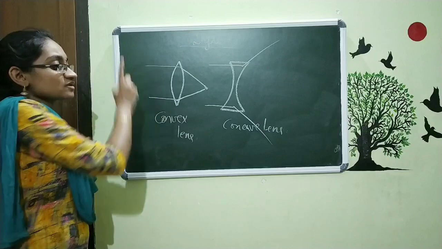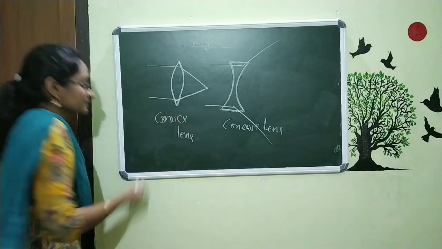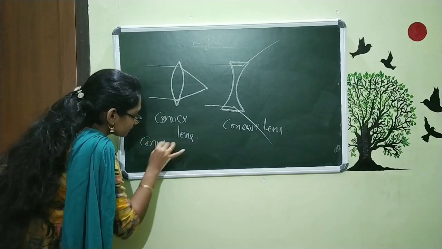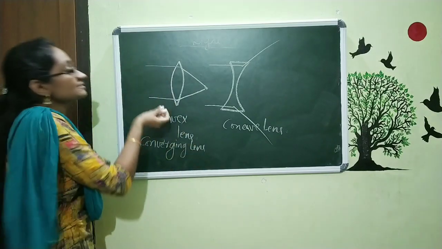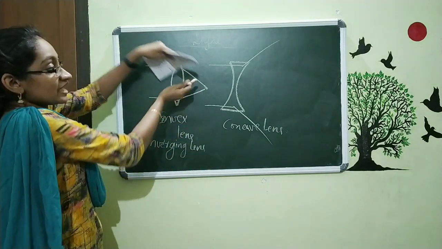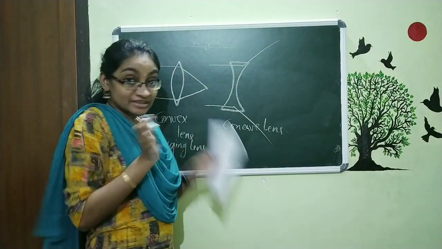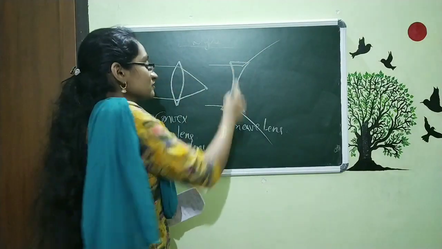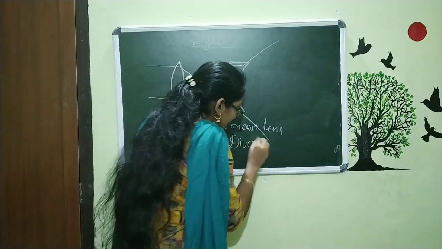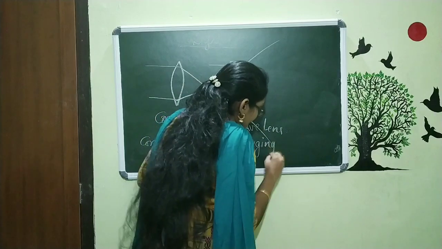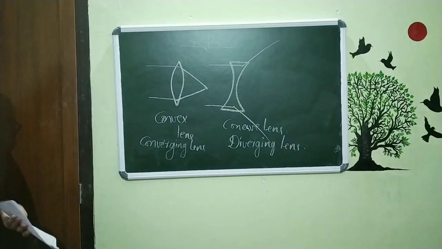We call the convex lens a converging lens, because the light is converging to a point, and here it is diverging. So we can call the concave lens a diverging lens. These are the things we discussed in the last class.